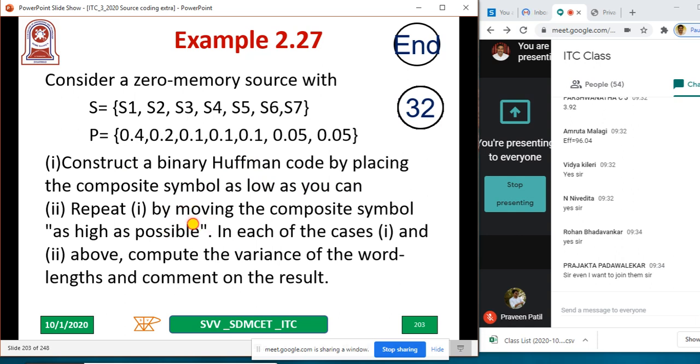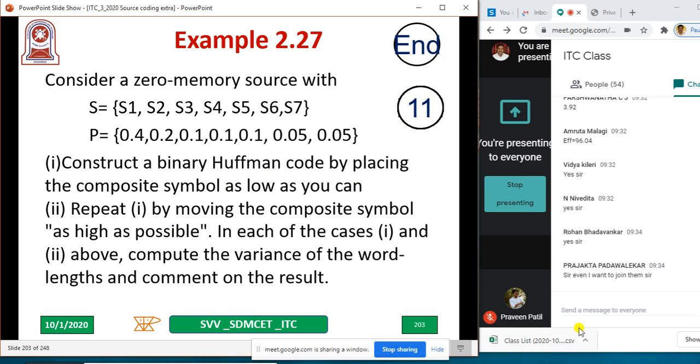Second is also the same, but only you have to put as high as possible. I'm sure the first one is the same as what you have done so far. Complete this and try to find out the codes and find out the average length, H of S, as well as find out the efficiency.